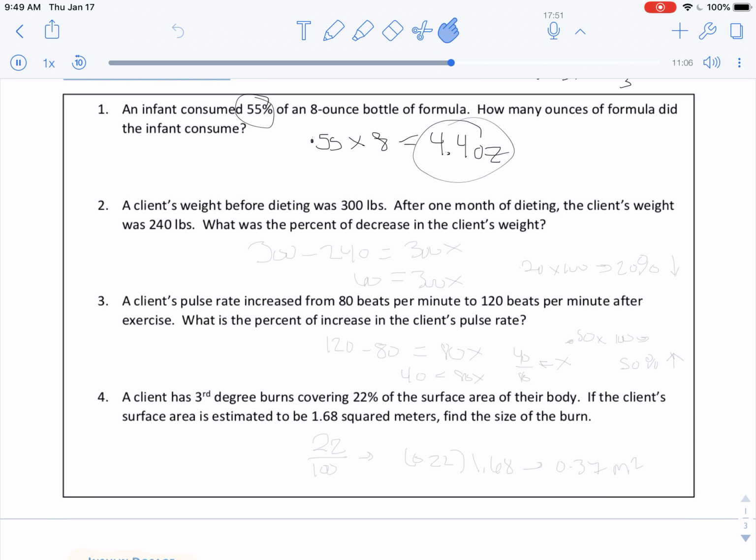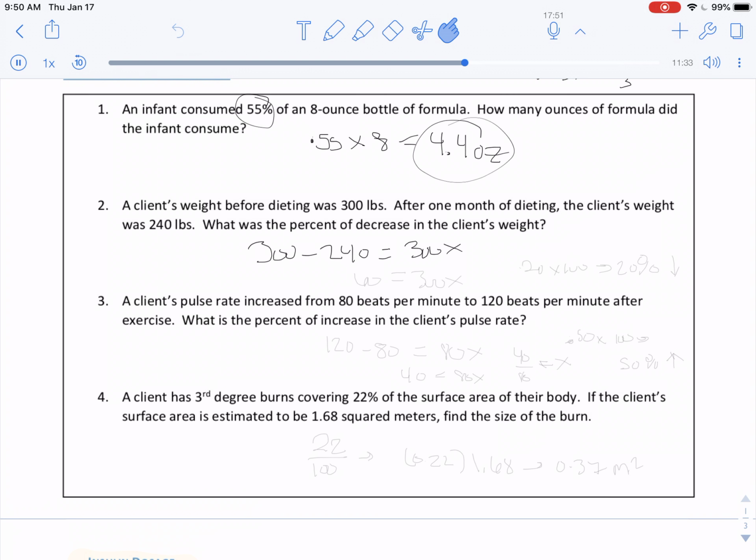So we have the original amount, 300 pounds, subtracted by the weight that the client is at a month after dieting, so 240, and then we set that equal to the original amount of pounds, x being the percentage, or the missing factor of how much the client has decreased their weight.